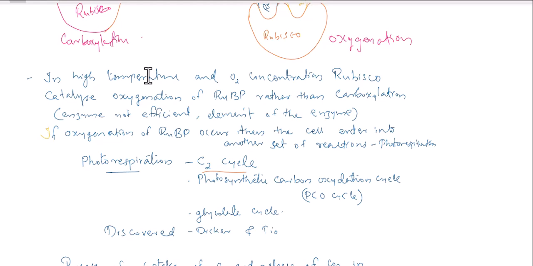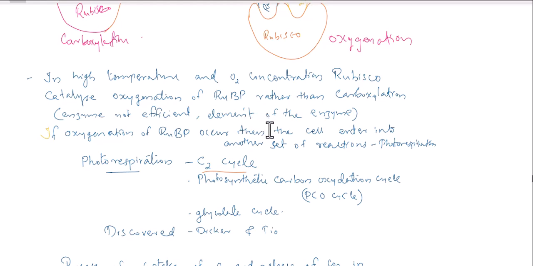Plants need carbon dioxide. At high temperature and oxygen concentration, Rubisco catalyzes oxygenation of RBP rather than carboxylation, so the enzyme is not efficient.